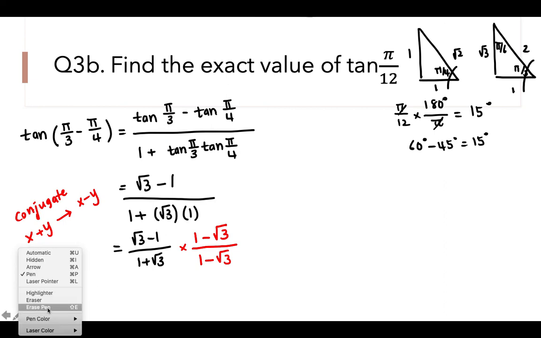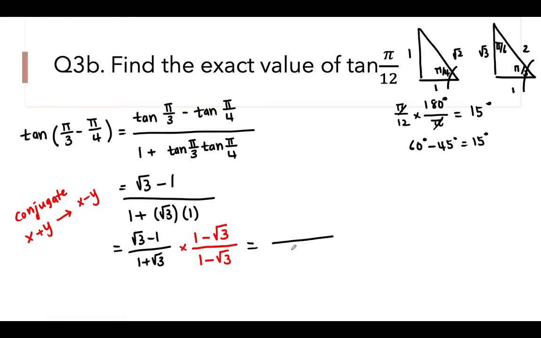So therefore, the denominator, it's going to be 1 minus 3, right? So for the numerator, you have to do a FOIL. Front, outside, inside, and last.